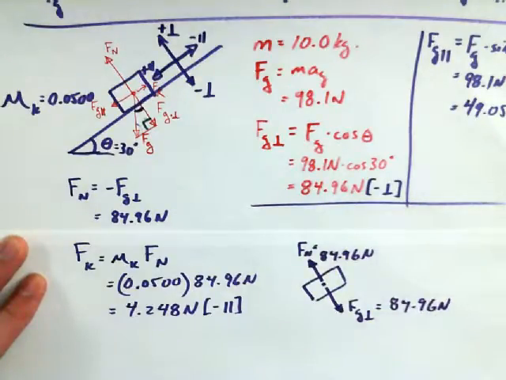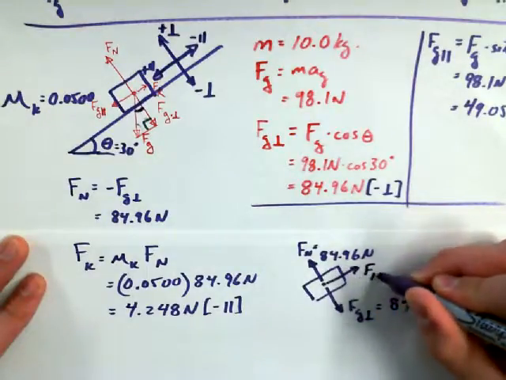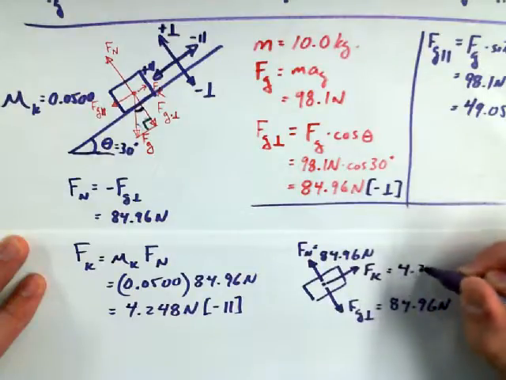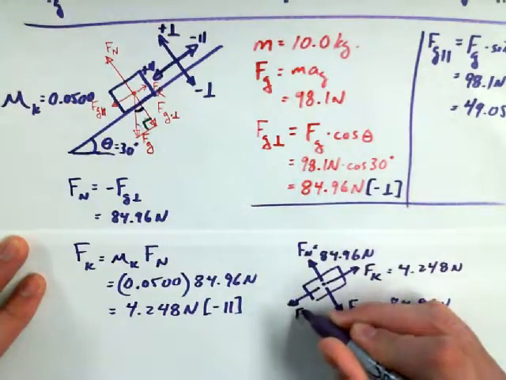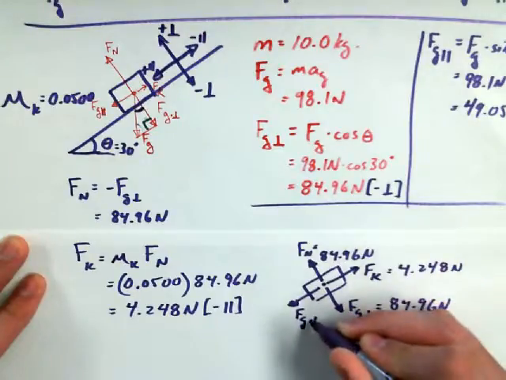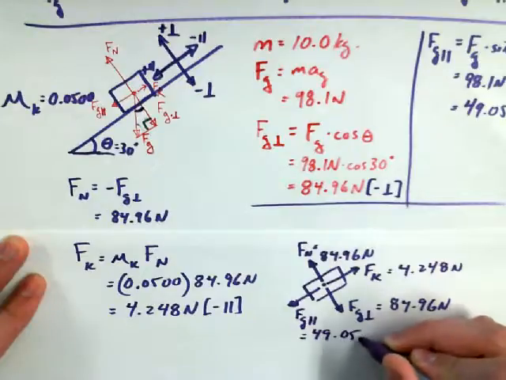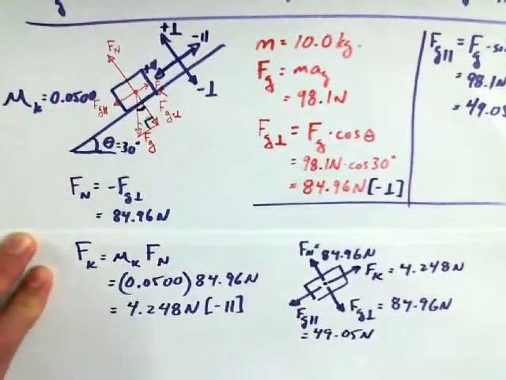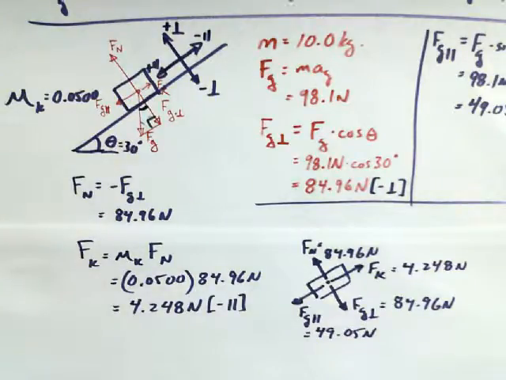So if I wanted to talk about there being some sort of a net force in the perpendicular direction relative to the inclined plane, the net force would be 0 perpendicular to the inclined plane. I've got an Fk that we just calculated of 4.248 newtons, and we've got an Fg parallel equal to 49.05 newtons. Now, I never actually laid out a problem here. I just said I wanted to analyze this situation.